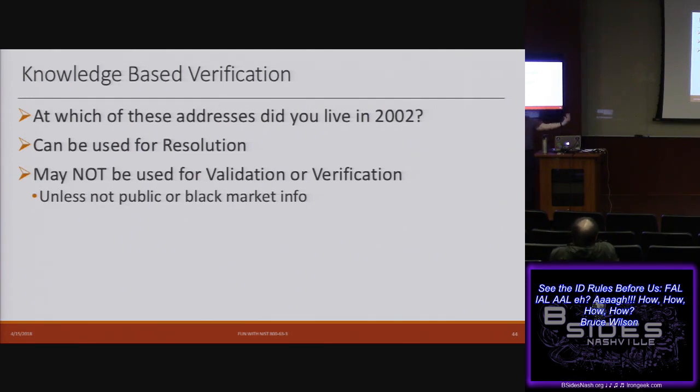The industry in general had gone into asking these questions as a means of identity proofing. In fact, I just went through one of these relatively recently, although I'm not sure where. But NIST recognizes that almost all of that information that people keep asking is available either publicly or available on the black market trivially. So that's why they've said you cannot use this. So things move slowly, but I'm hopeful that these things will go away.